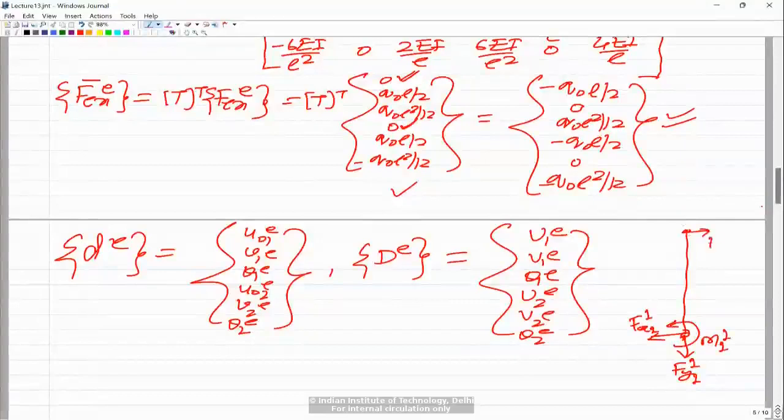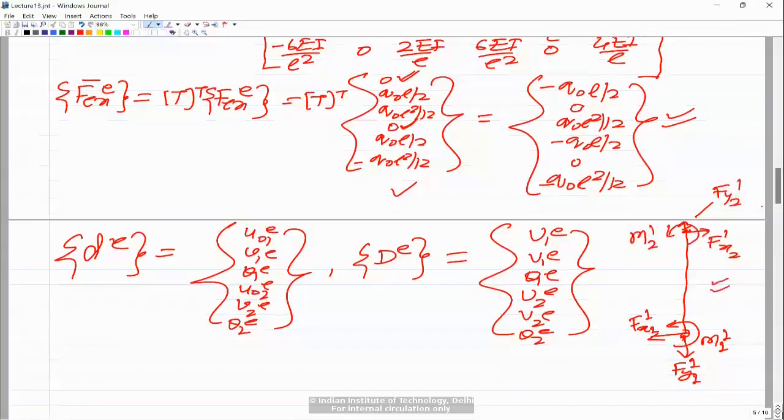So this is Fx2 for element 1. Without transformation I'm writing these forces along the global coordinate direction. This is Fy2 for element 1, and then you will have M2 for element 1. These are the internal loads acting on the element. So this is the transformed element level governing equations for the first element.